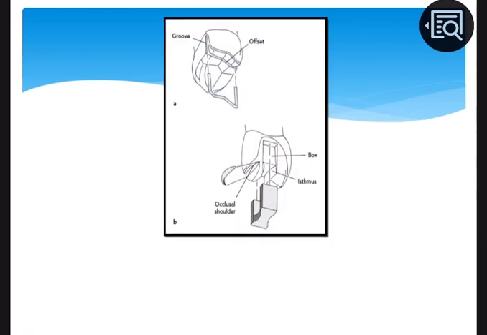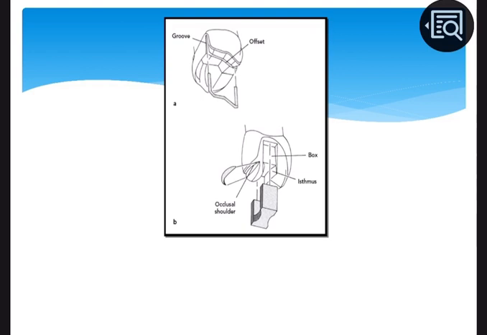So again, you see in this picture, this picture shows the preparation of the three-quarter crown. Okay, three-quarter crown. So the three-quarter crown is reinforced. In the three-quarter crown preparation, we will provide certain features like grooves and offset.